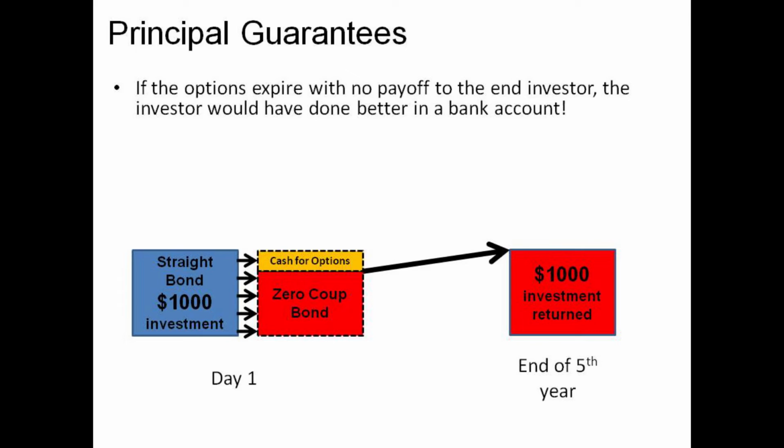Now, these tend not to be the most sophisticated products out there. If you think about it, when someone is investing in something and they like the idea that it's non-risky because they're guaranteed to get their $1,000 back, they're usually not someone who knows an awful lot about finance.